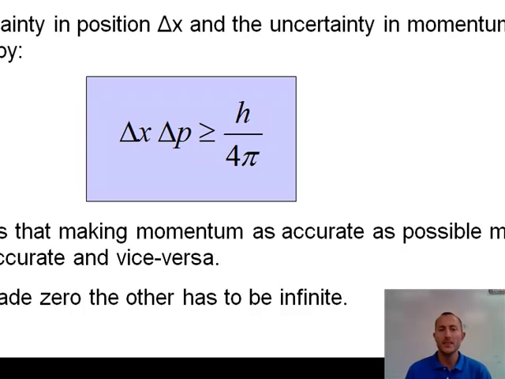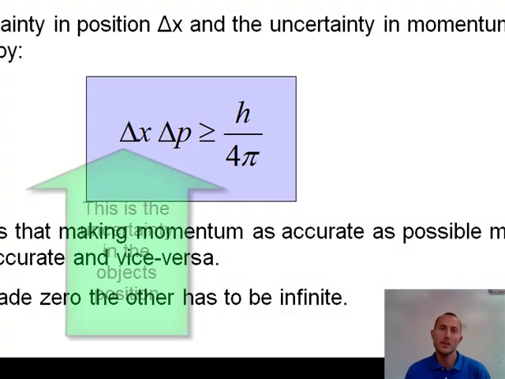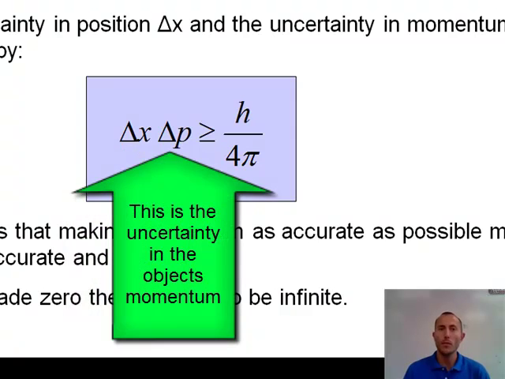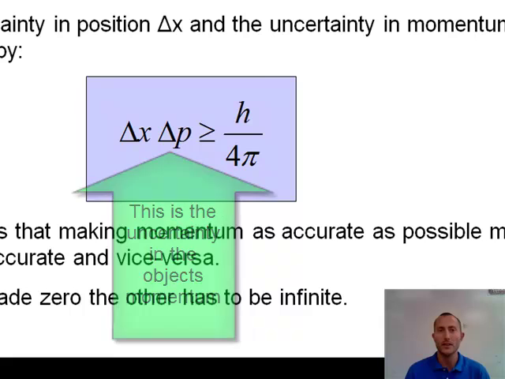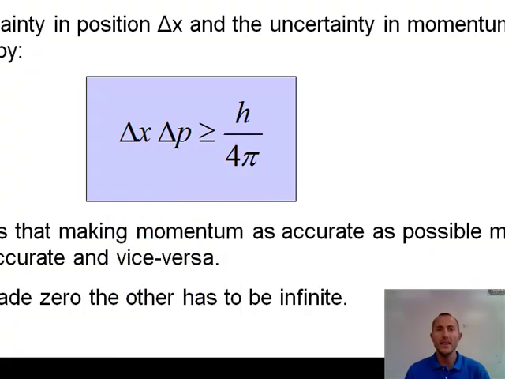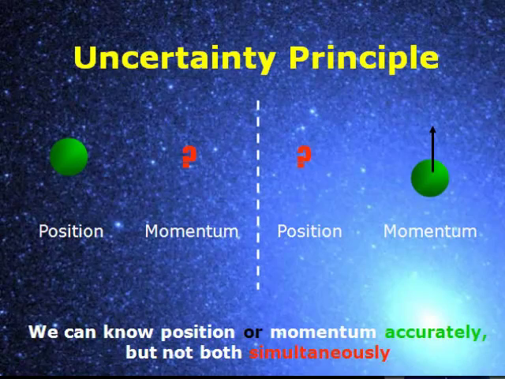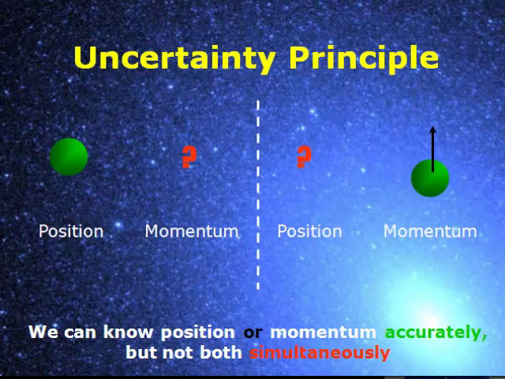What this tells us is that there is a limit to the precision of the combination of the two measurements. So we can become more and more precise about how much we know about the momentum of a particle, but in that increasing of precision related to the momentum, we must have a decreasing precision in the measurement of the position. So the more that we know about the momentum, the less that we know about the position, and vice versa.